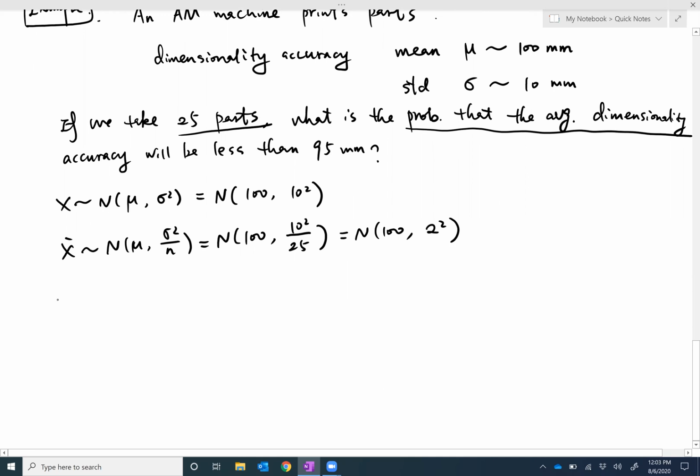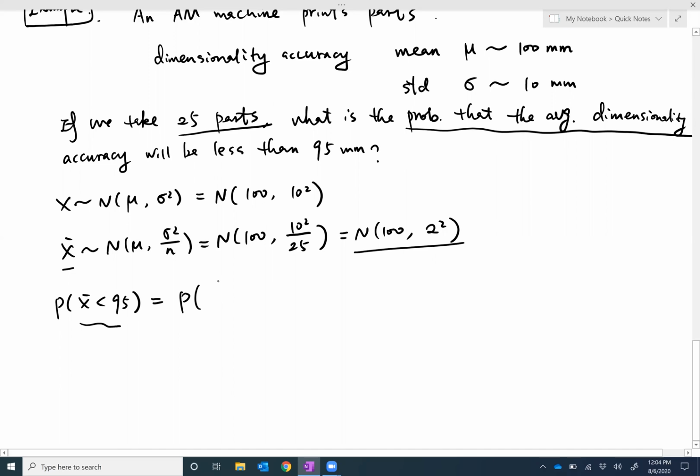So that is the probability. What is the probability? X bar less than 95. So we know that we already know the distribution of X bar, right? So what we want to know is the probability of X bar less than 95. So this will become, if we do the normalization. Why do we do the normalization?